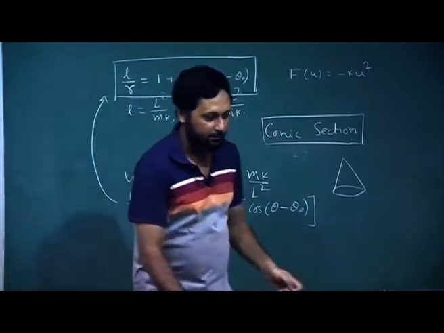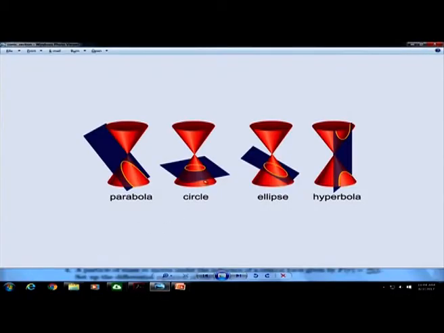Let us look at some examples. I took a picture of it from the internet. Now, if that plane is obliquely cutting the cone, then we get a shape which is called a parabola. If the plane cuts the cone while remaining horizontal to the ground, then it traces out a curve called a circle.